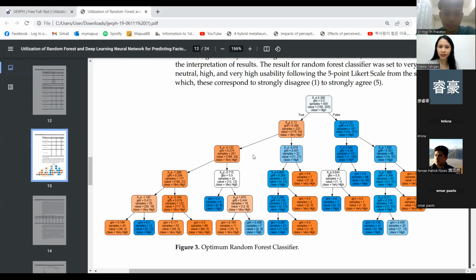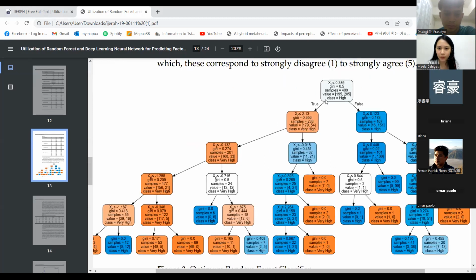If you notice, it only varies between x1 and x0 for some of the branches, but not all the branches, because in this part we can utilize x2 and then it also utilizes x3. So in random forest, it's totally okay to repeat any kinds of your latent variables.